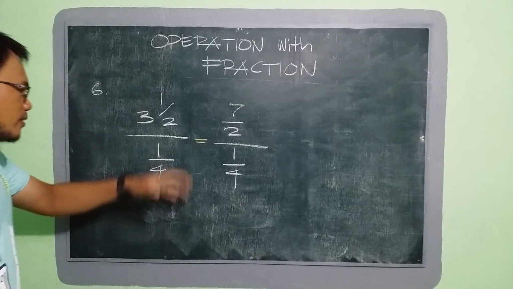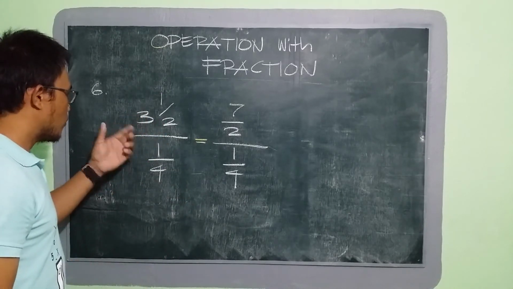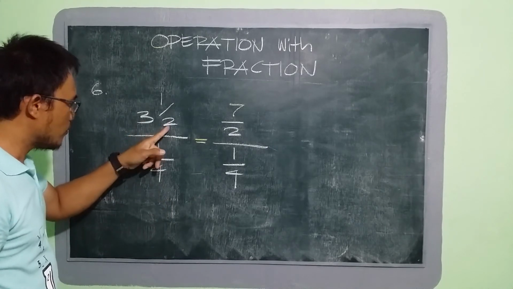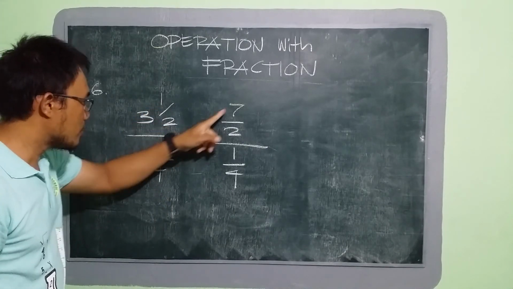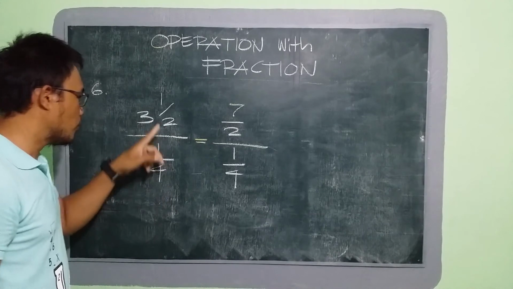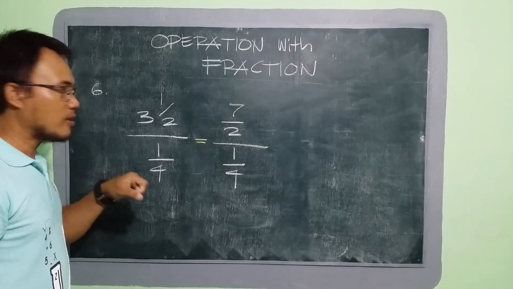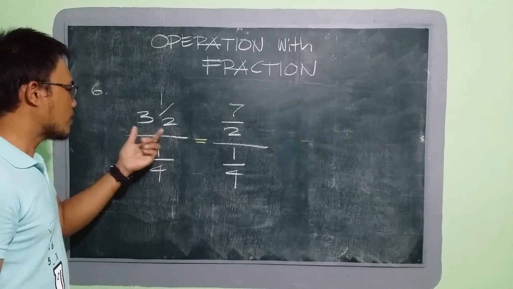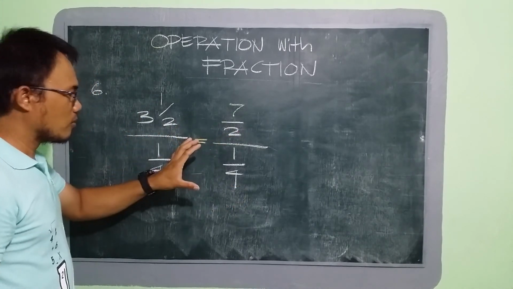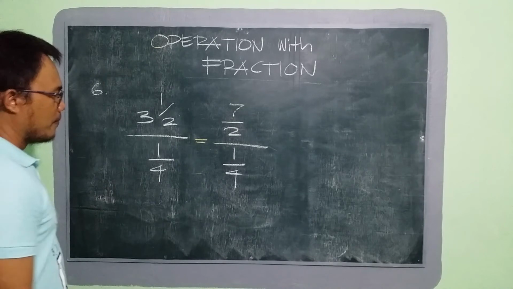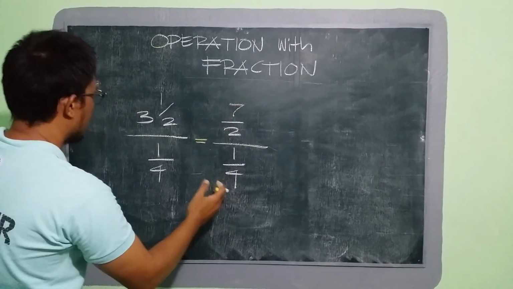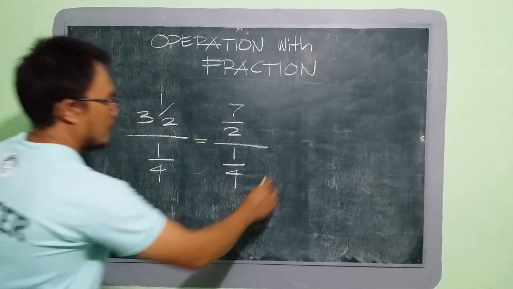Okay, let's try it once again. To combine 3 and 1/2, all you have to do is 3 times 2, which is 6, plus 1, that is 7, all over 2. You put the denominator, because 7 divided by 2 is 3 and 1/2. We just combine that one for us to divide it easier. Now, this is our problem since we combined 3 and 1/2.